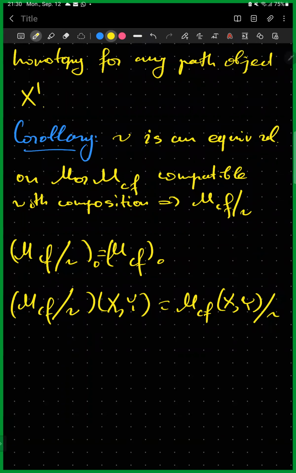Okay, this is the same as M_cf quotient by homotopy.